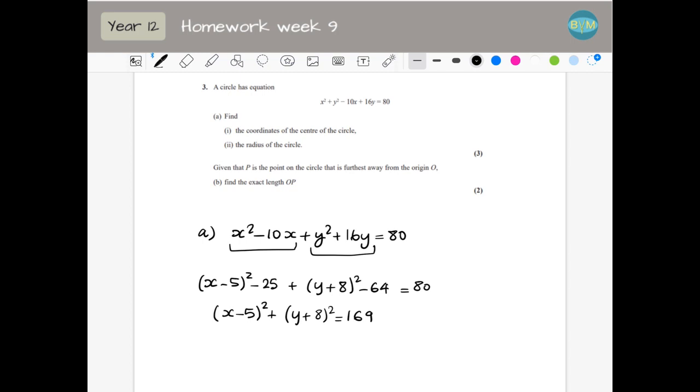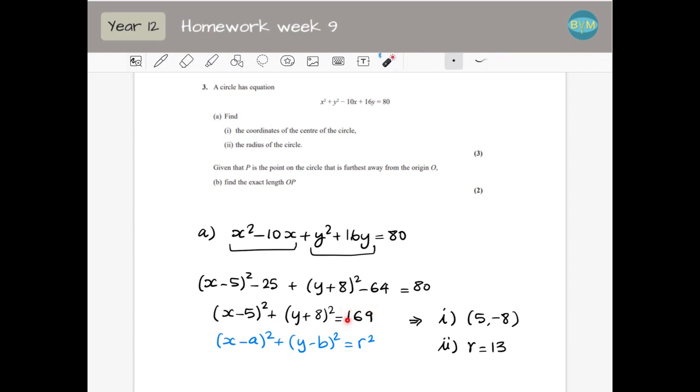Remember the equation of the circle: if you compare that with x minus the x of the circle, squared, plus y minus the y of the circle, squared, equals radius squared, that means my center, because that is the first thing they ask, is going to be 5, minus 8, and the radius is going to be the square root of 169, which is 13. So that's the first part.